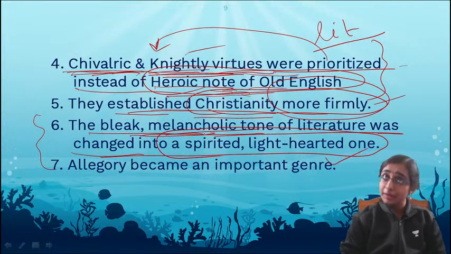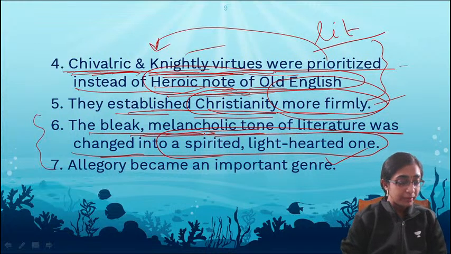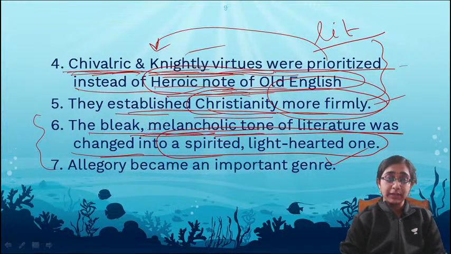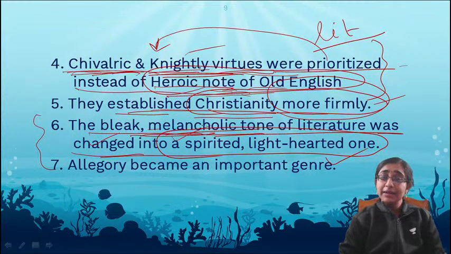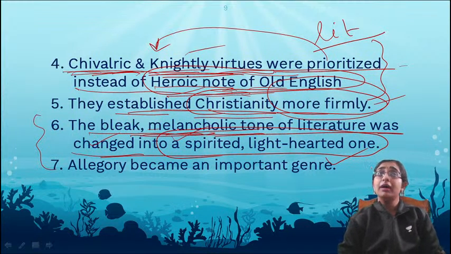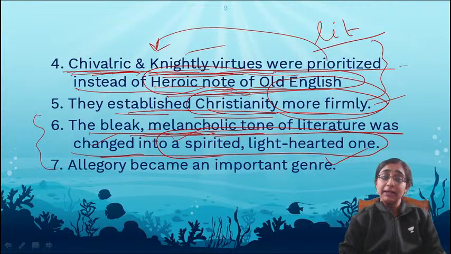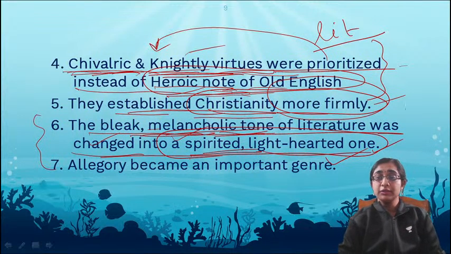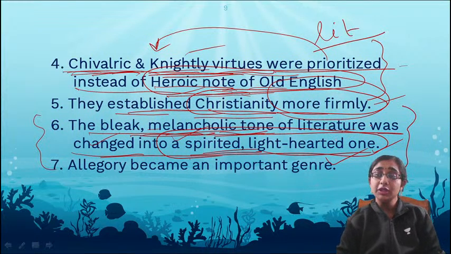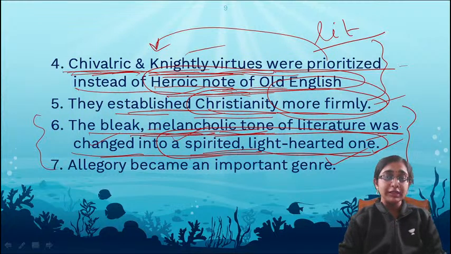There were a lot of elegiac poems, with a bleak, sad tone and lamentation. But in the Middle English period, this tone was changed into a spirited, light-hearted one. So the whole tone of literature was changed. That is an important development.